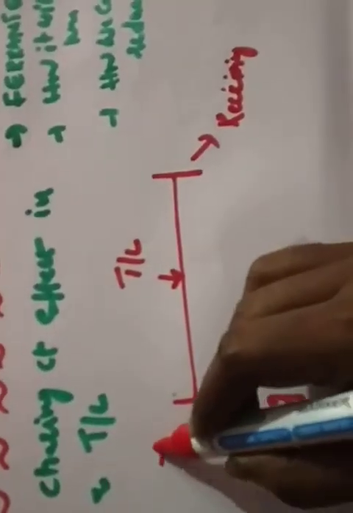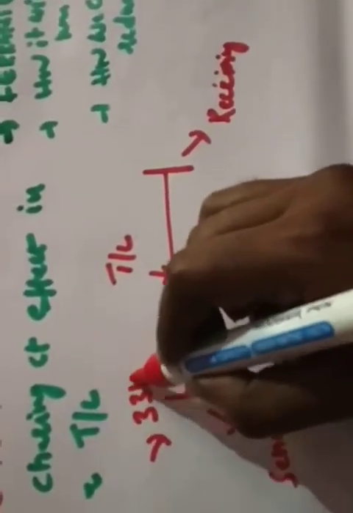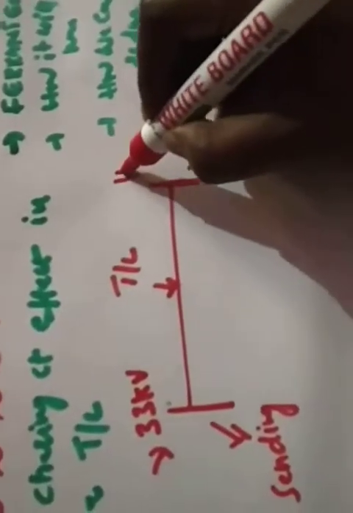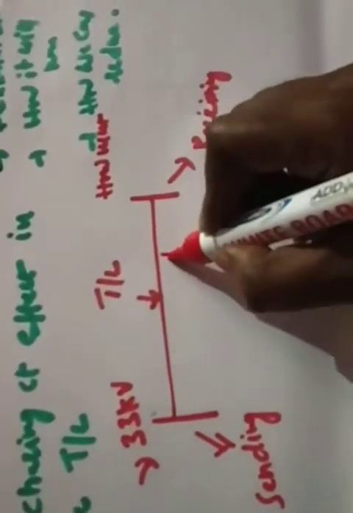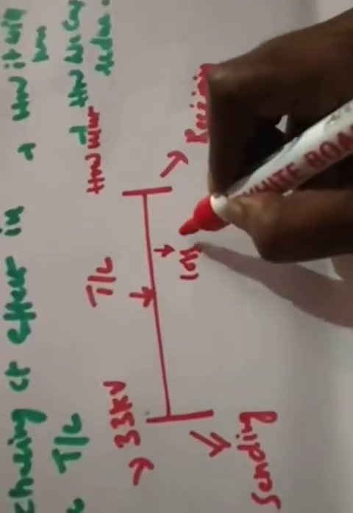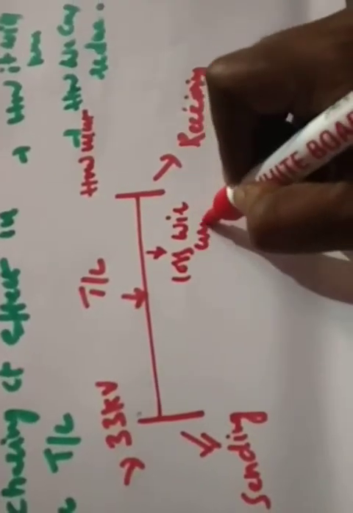You know that if the sending end voltage is 33 kV, how much voltage will you get at the receiving end? Will you get 33 kV? Definitely not. Some voltage reduction occurs due to the losses in the conductor.